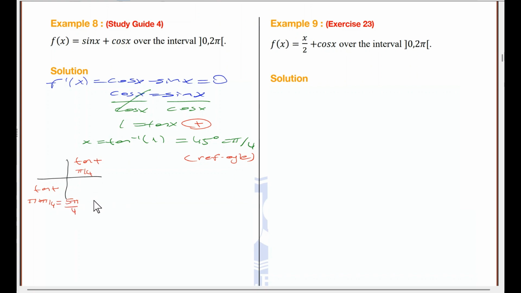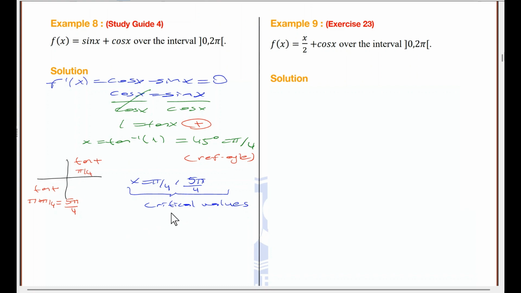Alright, so x equals pi over 4 and 5 pi over 4 are what make the derivative of this function equal to 0, which means these are the critical values. Okay, we answered the first part of the question.